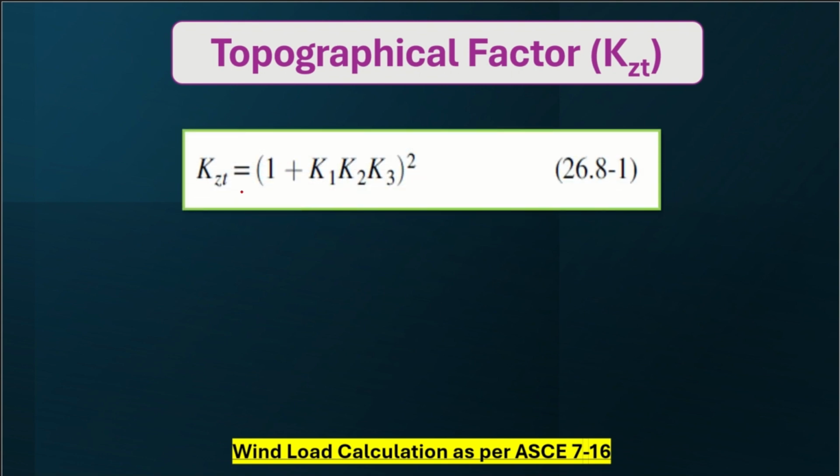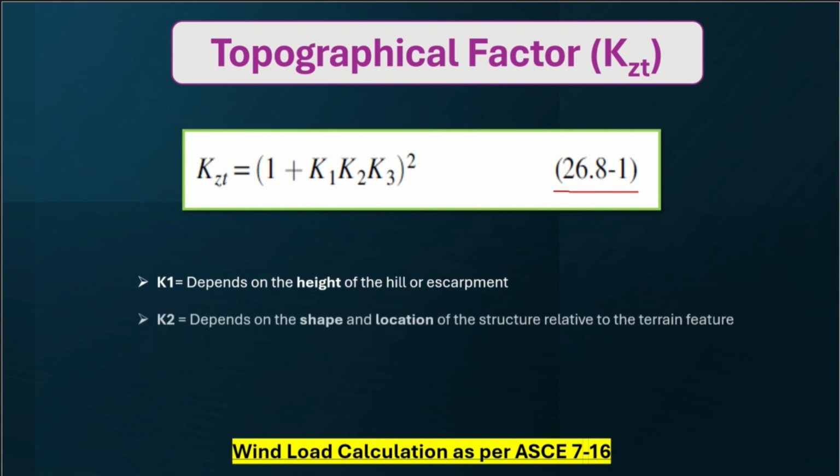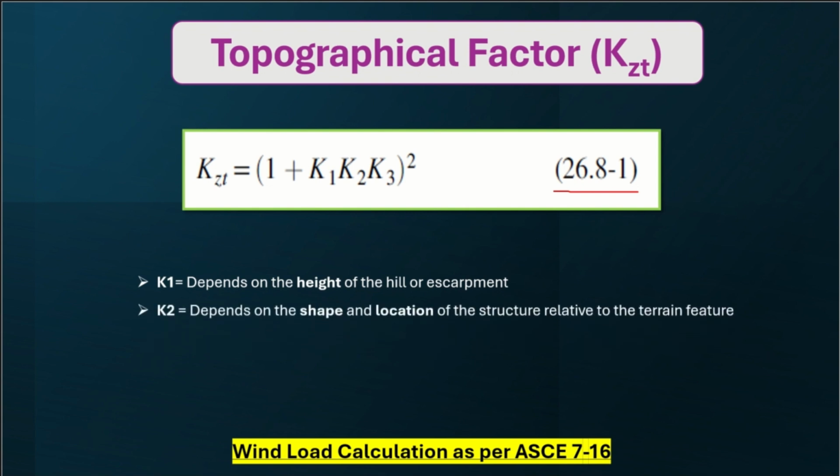Kzt is equal to (1 + K1 K2 K3) whole power 2. This is mentioned in 26.8.1. Here K1 depends upon the height of the hill or escarpment, K2 depends upon the shape and location of the structure relative to the terrain feature, and K3 depends upon the distance from the crest of the hill or ridge, guys. So you must use these three factors.